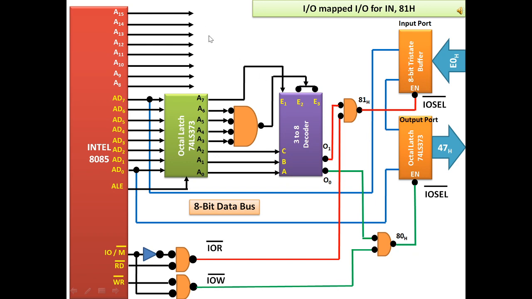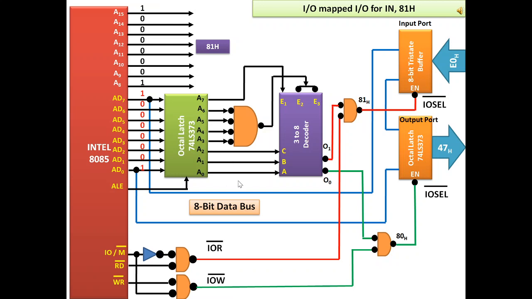Similarly, let us try to understand if the microprocessor is trying to get information from the outside world into it using the in port or the in instructions. Now let's see, the microprocessor has presently generated 81 hex. That means it is presently trying to execute the in 81 instruction. So similarly, the upper address bus and the lower address bus will have the same information.